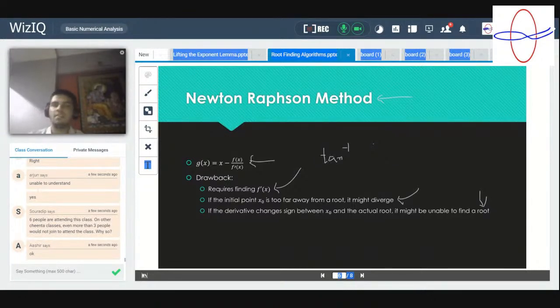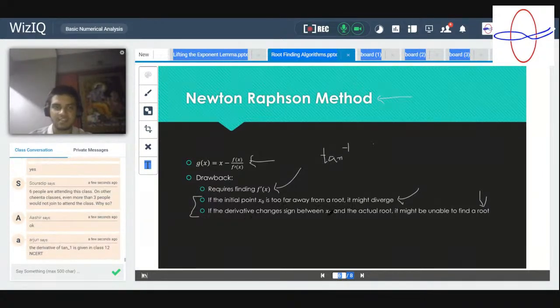That said, there are cases where you might not get an answer, and they're generally these two cases. One is if the initial point is too far away, and the second is if the derivative changes sign. Right, but again, tan inverse of x is given, but for example, what about tan inverse of x square plus 3 sine inverse x?